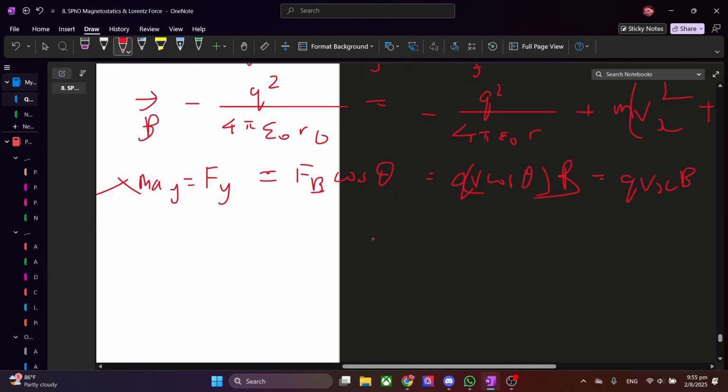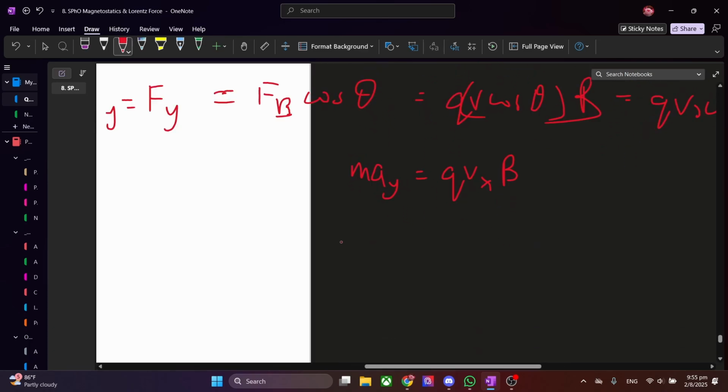So we have m ay is QVxB. As we demonstrated in the previous example just now, we're in the perfect position to eliminate time now. All we need to do is rewrite this as a differential equation: m dVy over dt is q dx over dt B. This is what your differential equation looks like now.